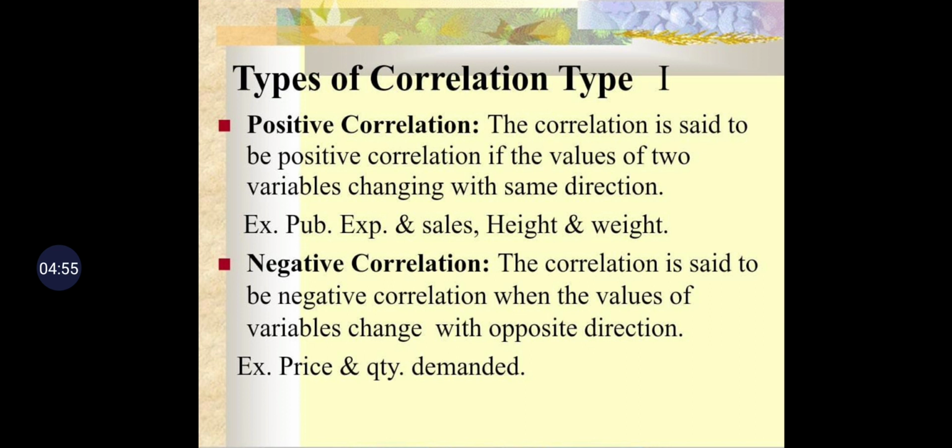Negative correlation: correlation is said to be negative when the values of the variables change in opposite directions. Example, price and quantity demanded.